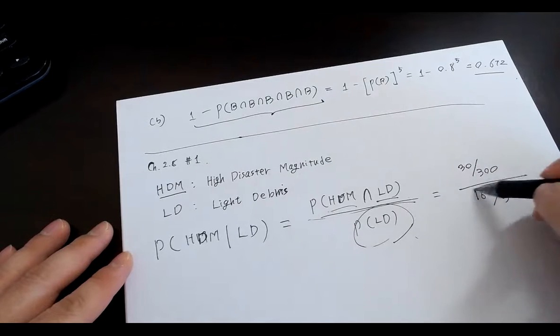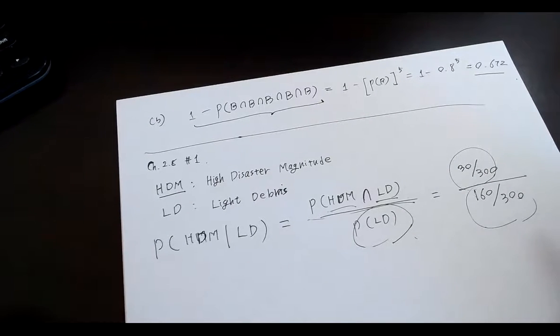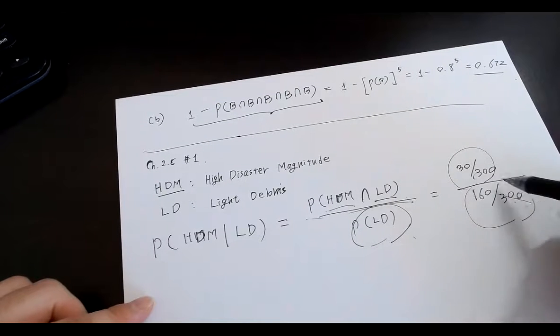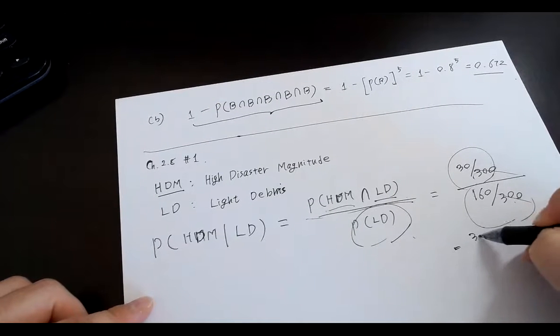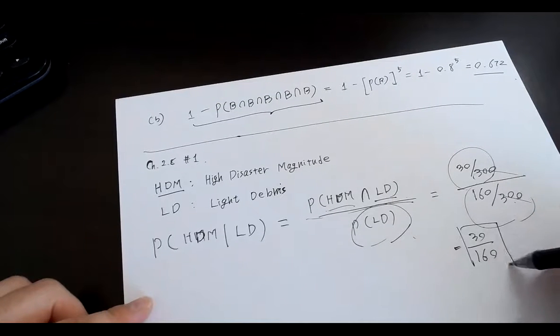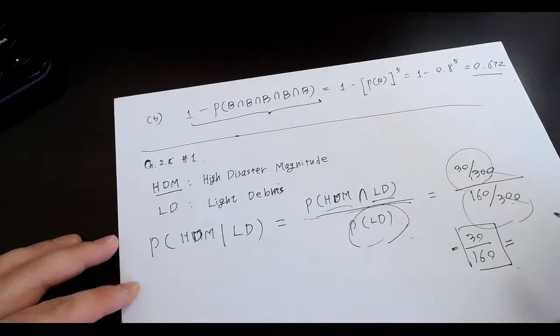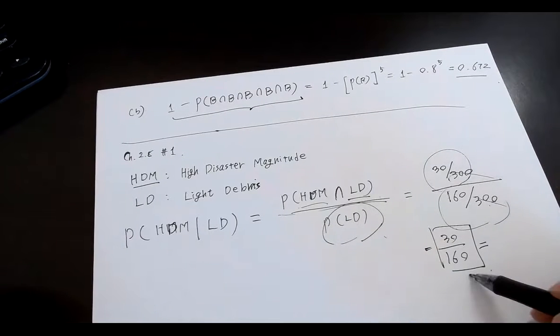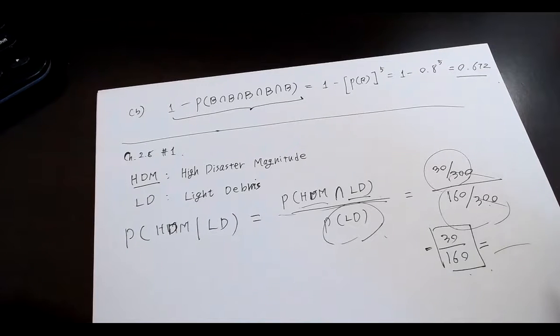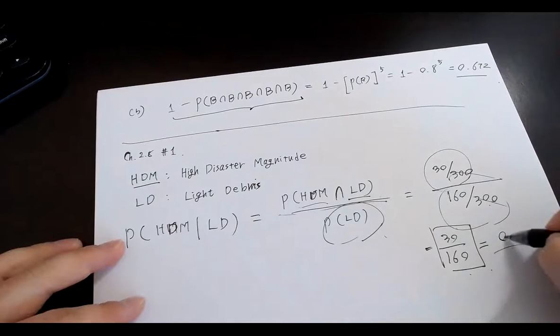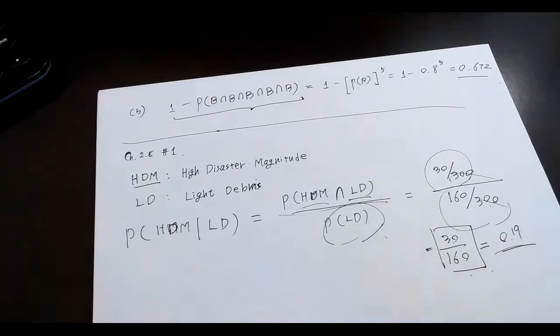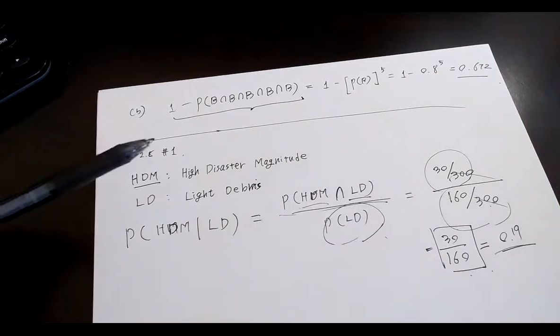See, both numerator and denominator have the same denominator, 300, so cancel them out. So we get 30 over 160. Definitely you need to write this as a decimal number. I think this is 0.19. So that's quite easy, right?